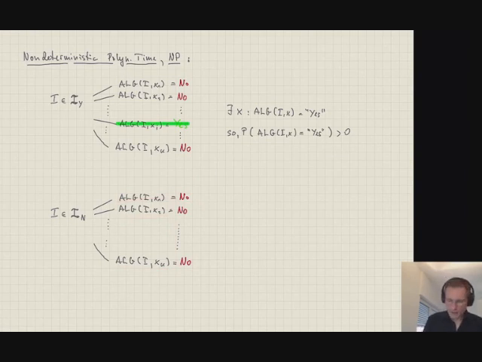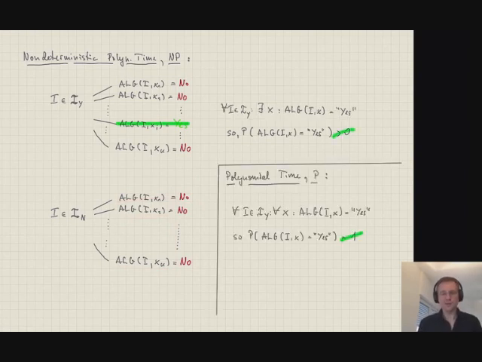And if you compare that with the class P for polynomial time or deterministic polynomial time solvability, here we ask even more, namely if you guess a certificate or give me a random certificate X, if it is a yes instance, the algorithm always has to return yes, right? So that means for a random certificate, the success probability is equal to 1.